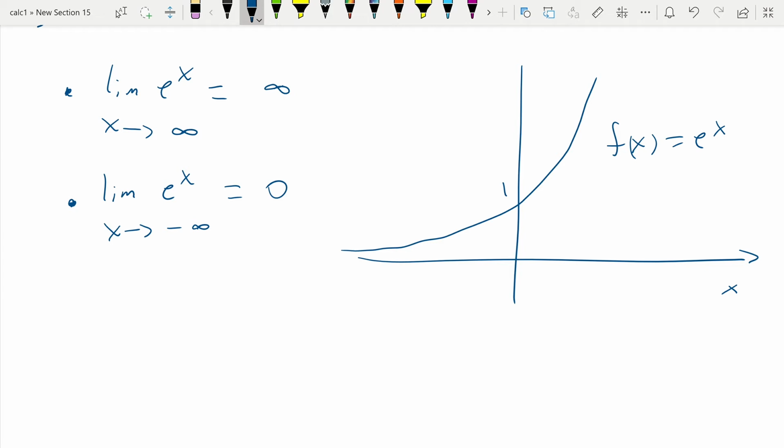And so it has an asymptote to the left, so e to the x is approaching 0 as x approaches minus infinity, and increases without bound as x goes to plus infinity.